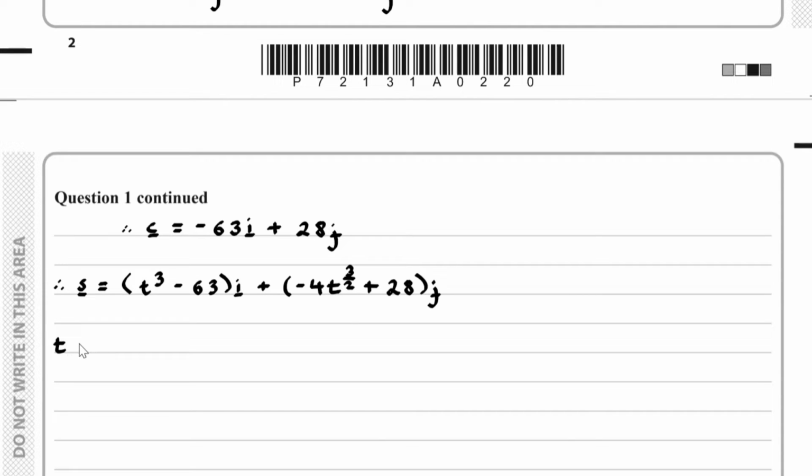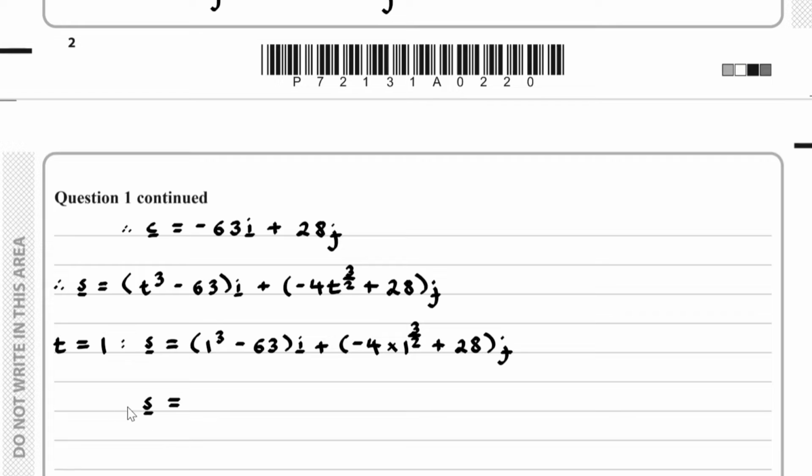When t equals 1, s is equal to 1 cubed subtract 63 i plus negative 4 times 1 to the 3/2 plus 28 j. And so what we can conclude from here is s is equal to negative 62i plus 24j meters.